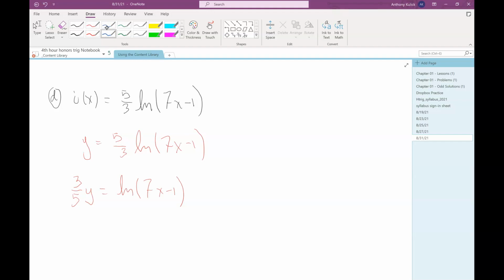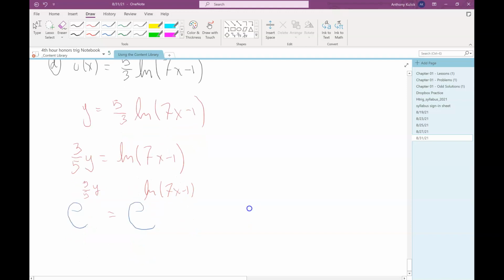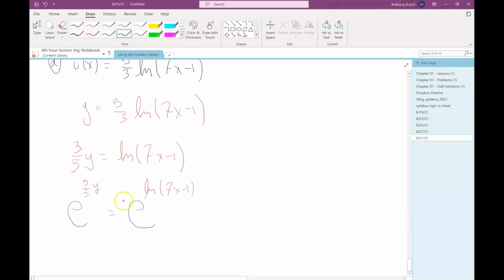Exponent base. What is the base? E. The natural log's base was E. It's like I expect you to remember the stuff we did last year or something.